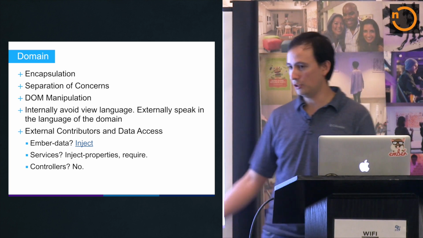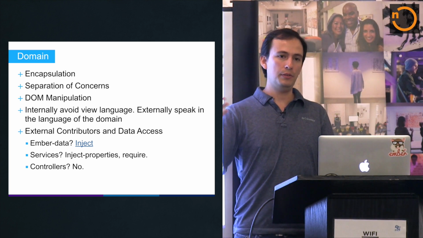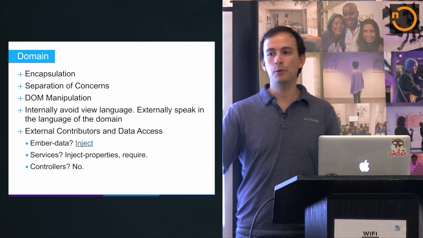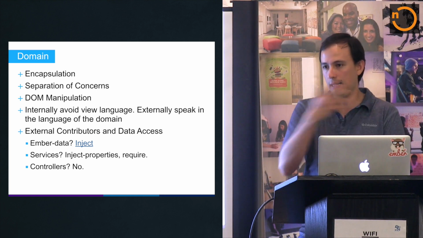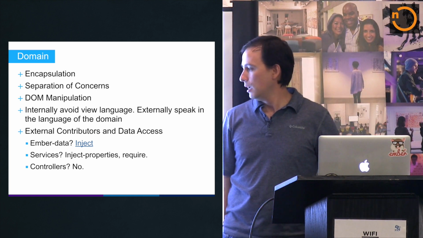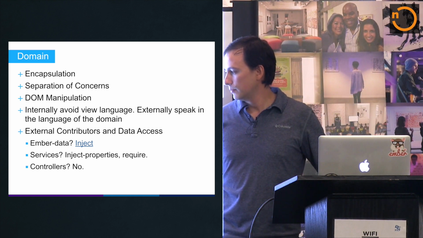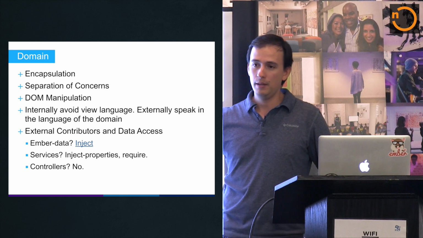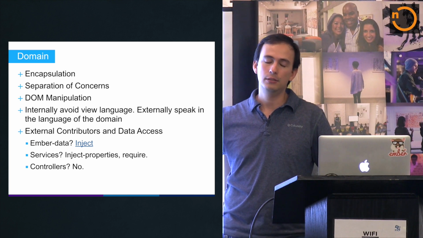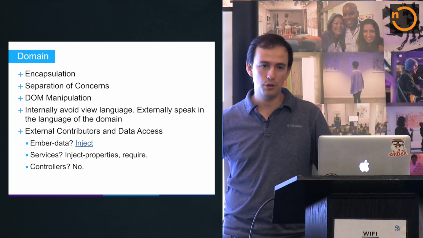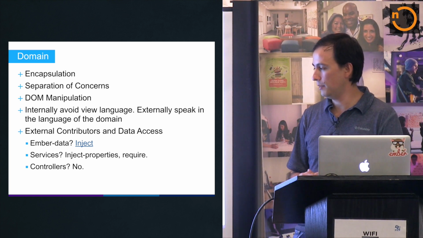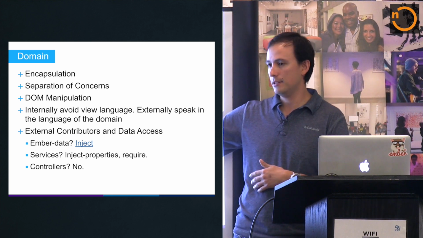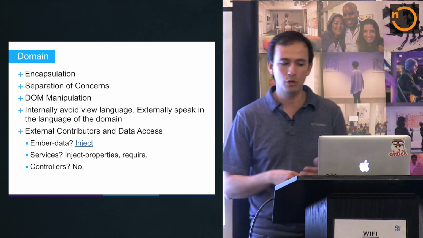They might use other services that know how to get the data, whether it's cache or they actually need to go to the backend and get this data. Components don't have access to the controller. They could interact with either services or Ember data, but not with controllers.